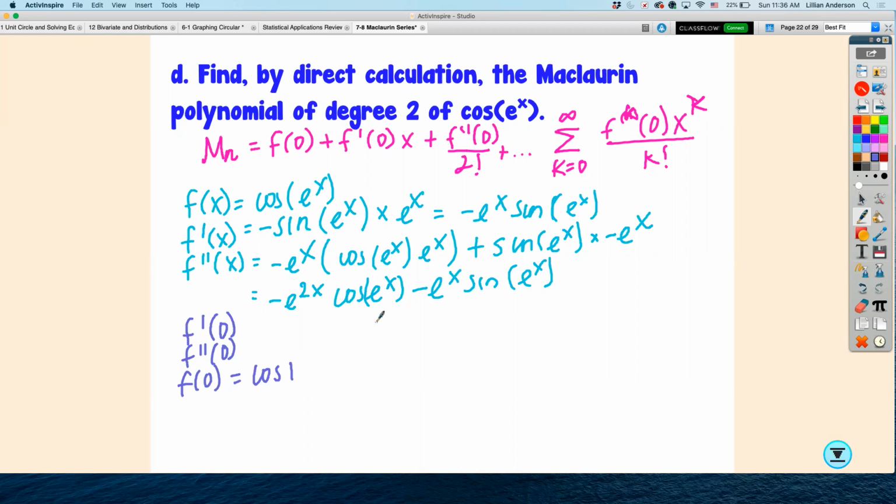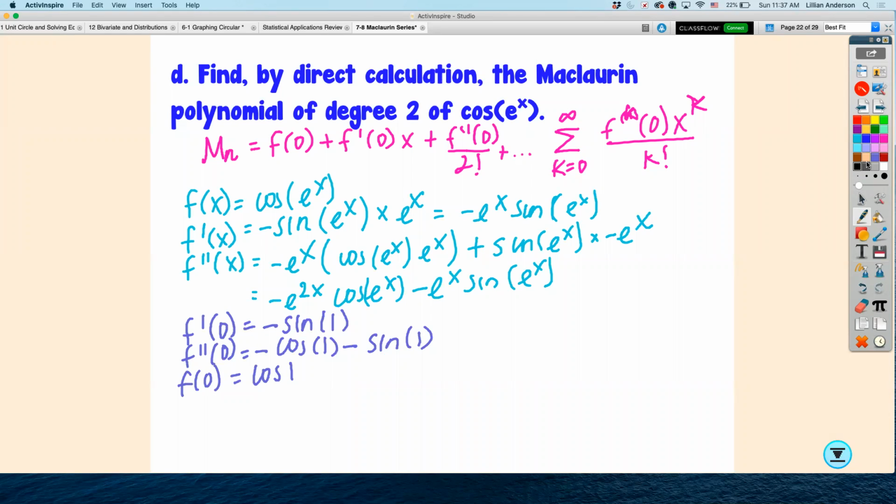When I plug 0 into the first derivative, that's going to give me negative 1 sine of 1. And then when we plug 0 into the second derivative, that's going to give me negative 1 cosine of 1 minus 1 sine of 1. Looks familiar, right? Of course it does.